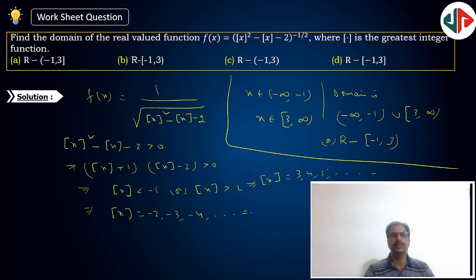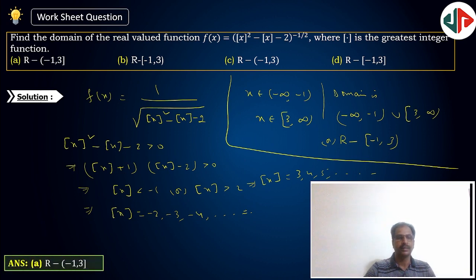So option B is correct. Option B is correct. The answer is given as A, that is wrong. Option B is the correct answer for this. Okay. There is a mistake in the key given.